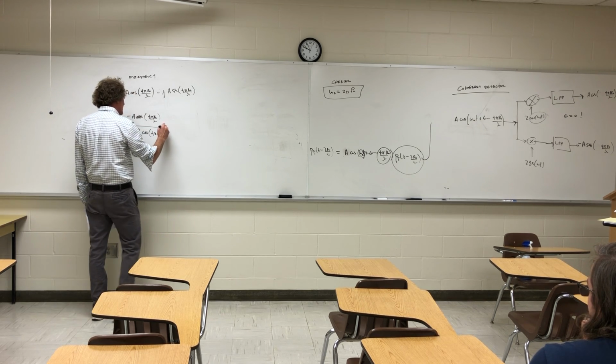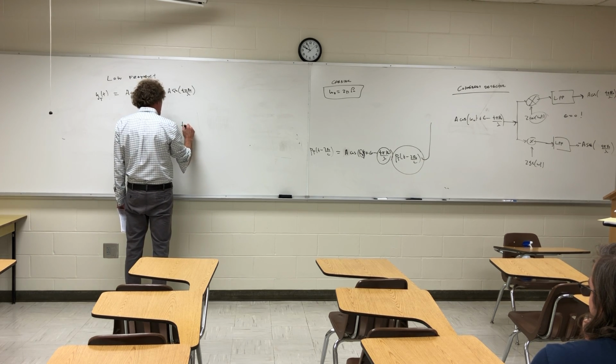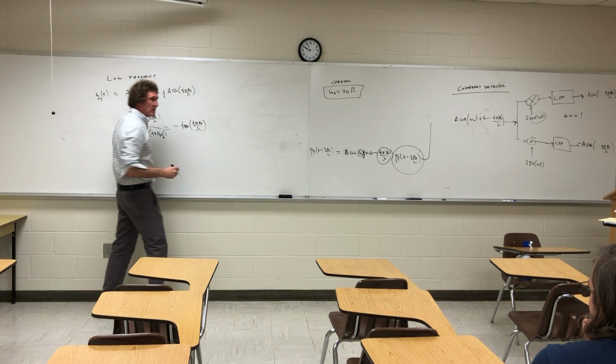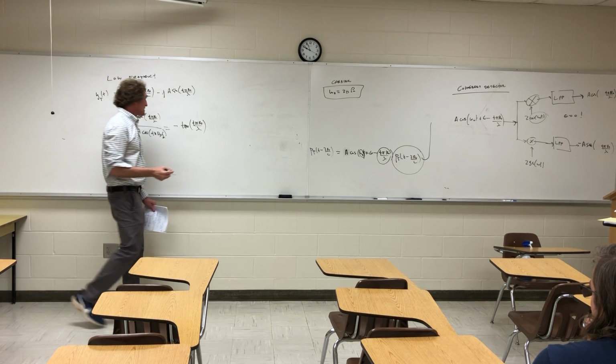Now I've effectively got minus the tangent of 4 pi r naught over lambda. Y'all follow me in this class? Sine over cosine is tangent, the a's cancel. Y'all agree with this?